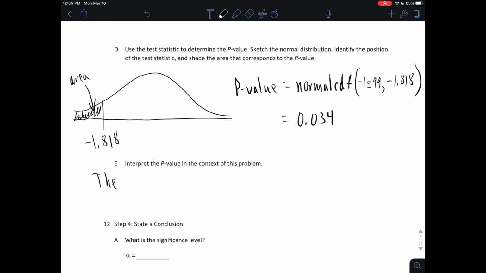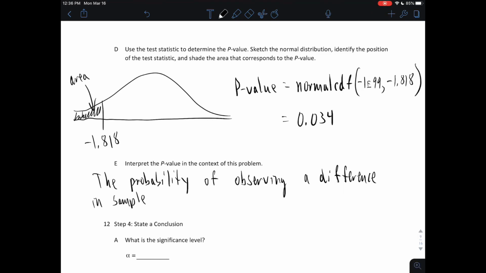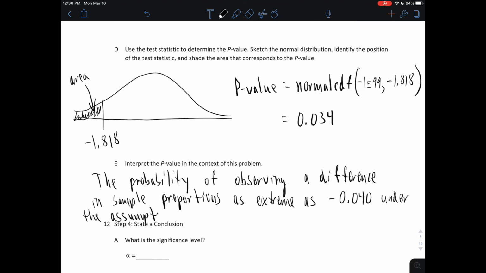So we can say that the probability of observing a difference in sample proportions as extreme as the one that we did, which was negative 0.040, under the assumption that, and here we're stating our null hypothesis, PD minus PR, which means our difference should be 0.